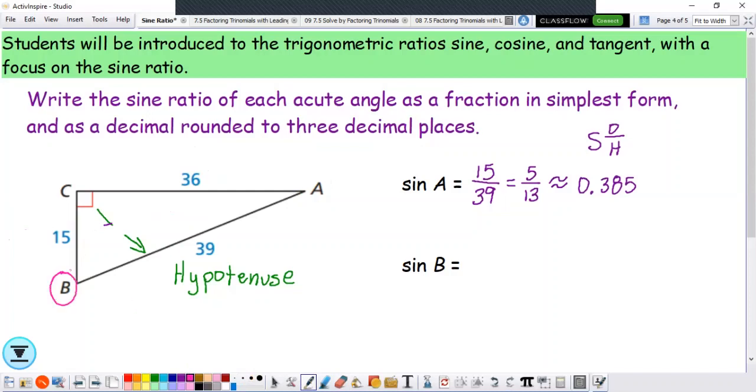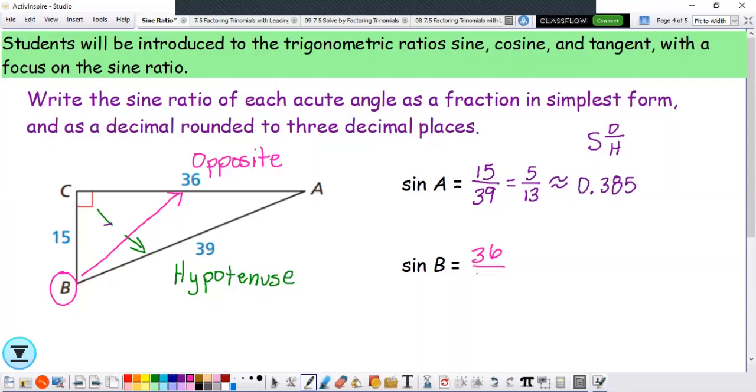For angle B, the opposite, the side across from it, is going to be the 36. And since we're working with sine, I'm just going to identify the opposite. I have the hypotenuse. We don't need to worry about the 15. So for sine of angle B, opposite of angle B is 36.